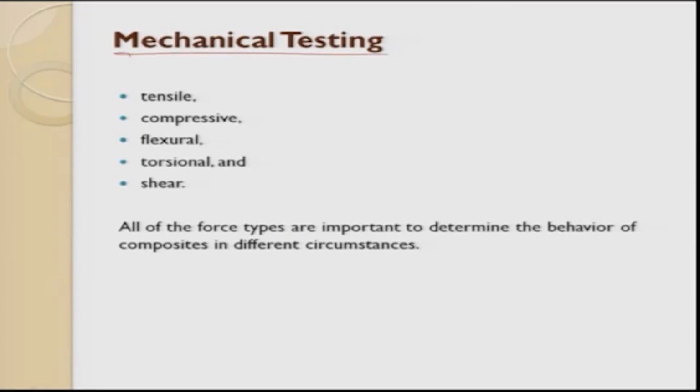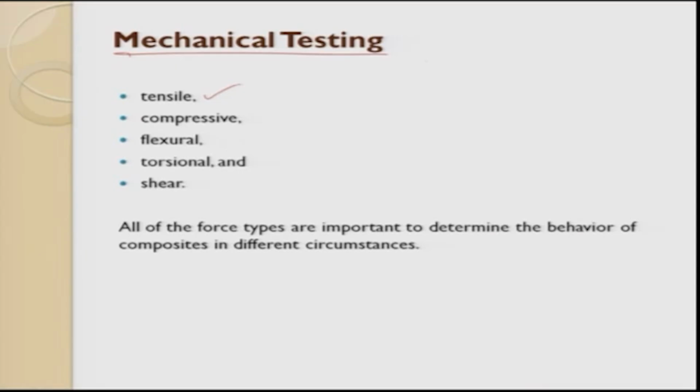Mechanical testing: the most common and exhaustively used testing is tensile testing. Other tests are generally avoided for a homogeneous material, because there is a direct link between tensile and compression. Over a period of time, there are data books which tell that there is a ratio available.